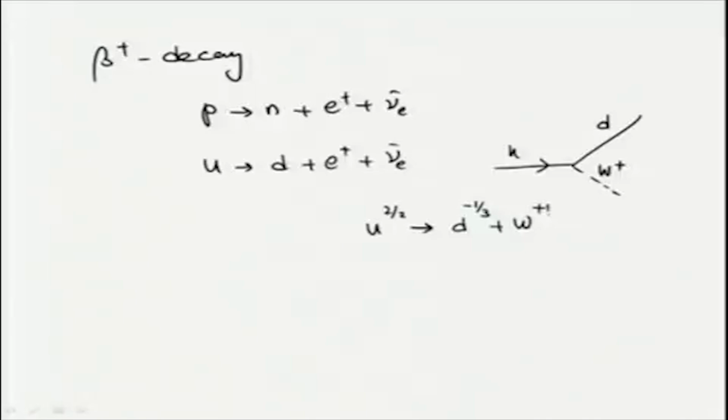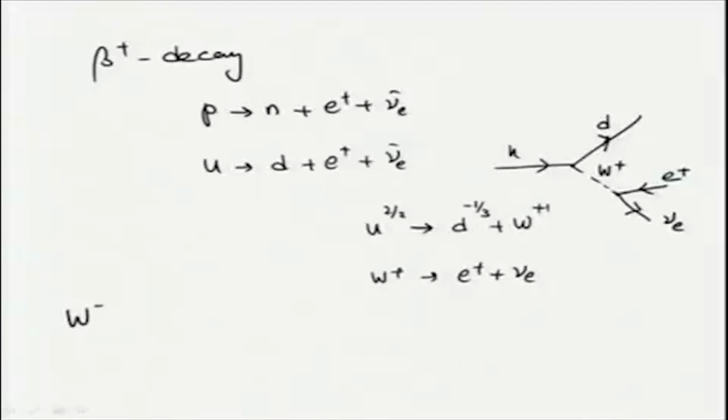So, the charges are added up correctly. This will go into positron. When a positron goes out, we put the arrow in the opposite direction. So, it is e plus and nu e. So, positron takes away the charge, the W plus, brought to that second vertex here. So, W plus goes to e plus plus nu e.